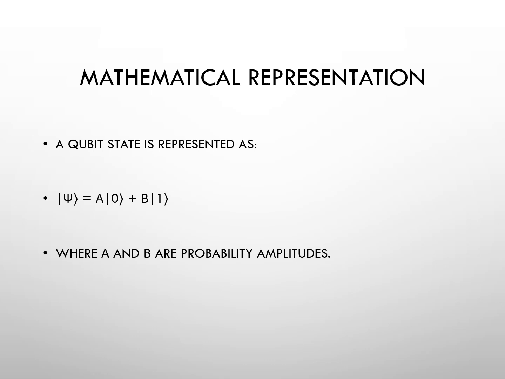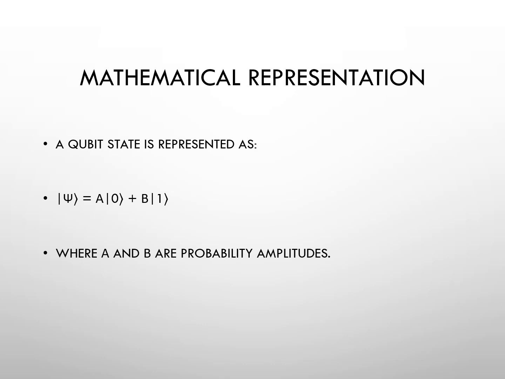Suppose it is an example of a coin, 0 can be taken as heads and 1 can be taken as tails. So a is the probability of having a chance of heads, and b is the probability of having a chance of tails. So the total comes to 1. This is the concept of qubit state notation.